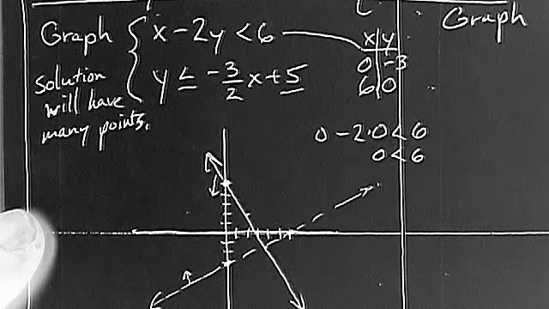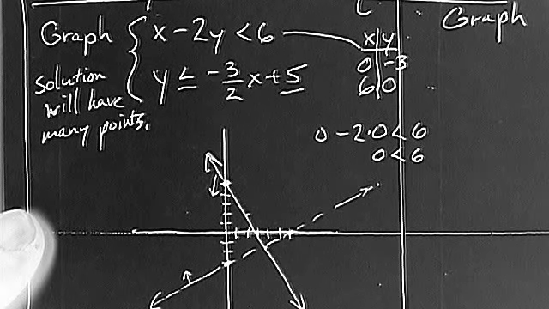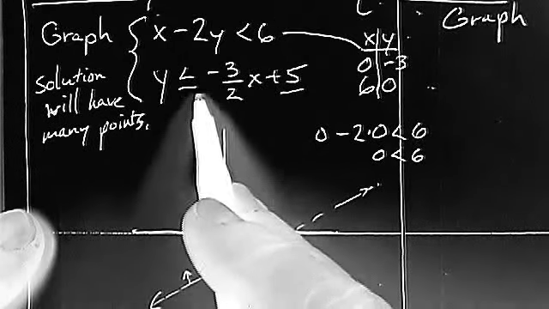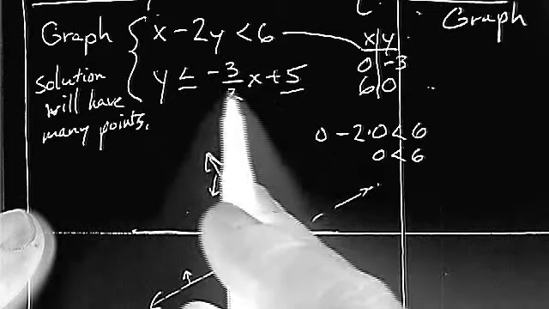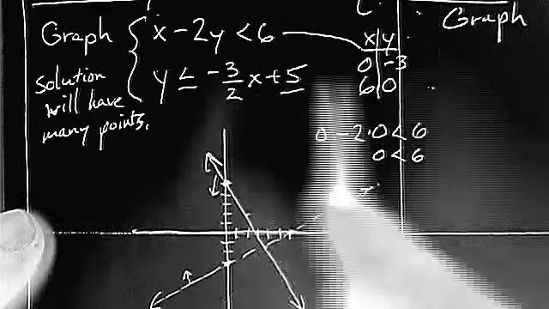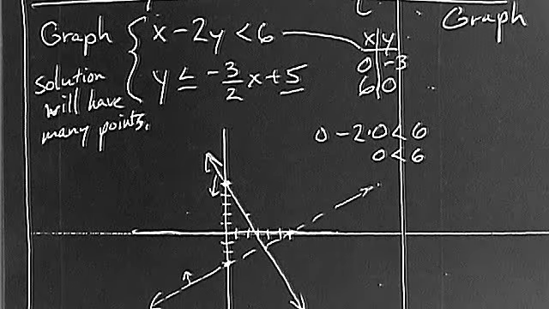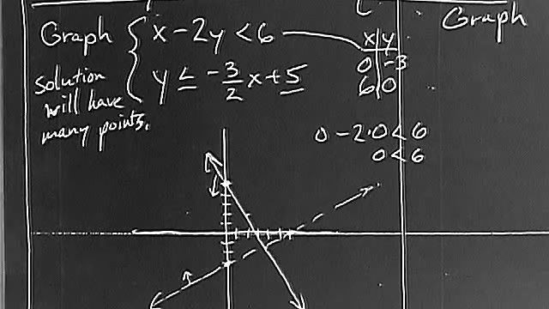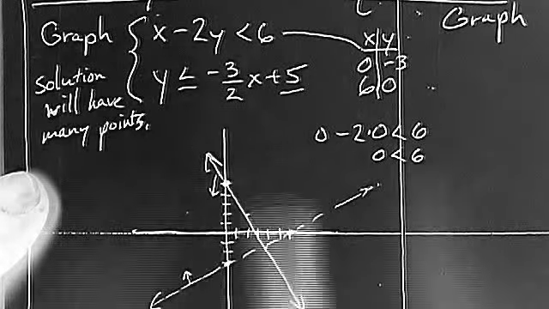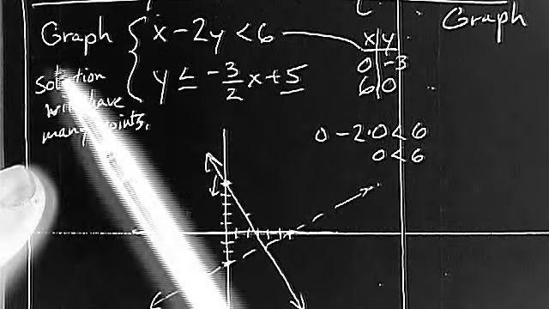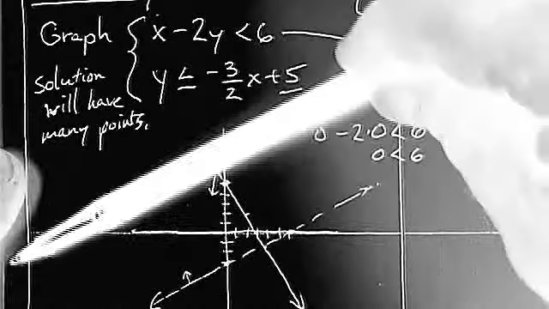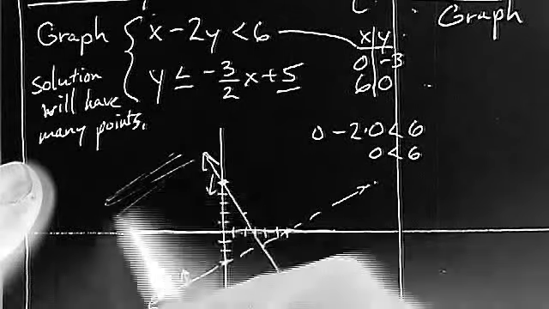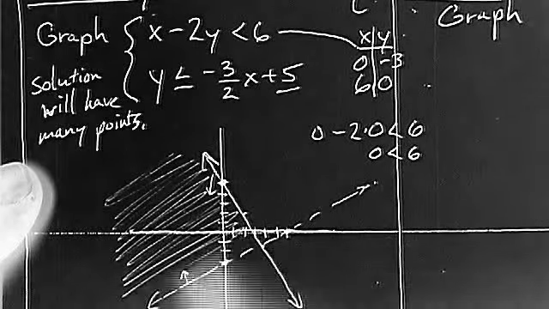But if you're in doubt, pick a point not on the line like 0, 0, throw it in. 0 is less than or equal to, 0 cancels this term out, so let's say 0 is less than 5, which is also true. Now you notice where both of these little tiny arrows have come together. So if you shaded everything from this line down and everything from this line up, they would overlap in an area out here.